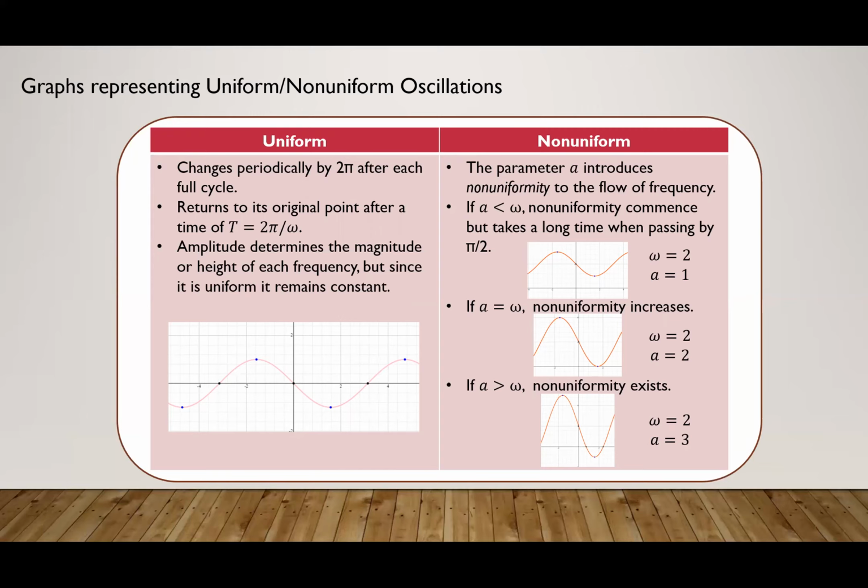When A and lowercase omega are equal to each other, non-uniformity has increased, oscillation has stopped, and a semi-stable point was created on the axis. Finally, when lowercase omega equals 2 and A equals 3, the intersecting point becomes 2 points, one being stable and the other unstable, in which the flow is attracted to the stable point as t goes to infinity.